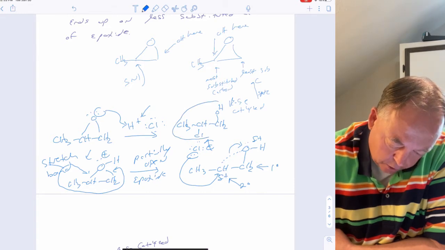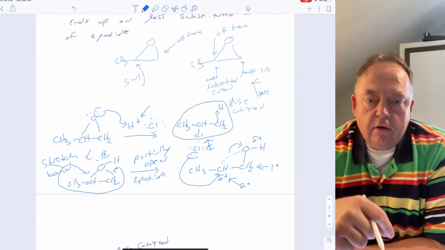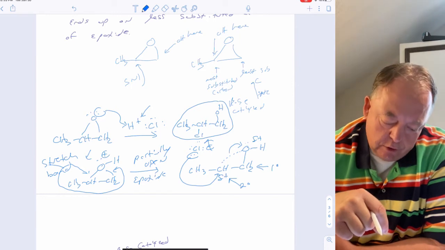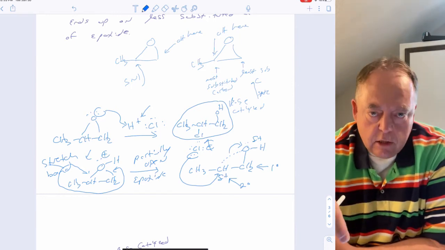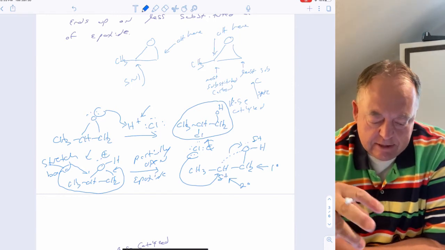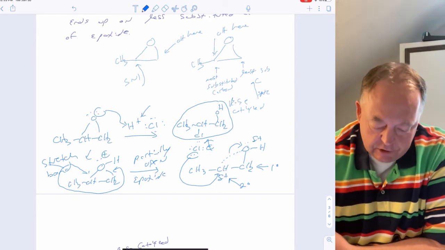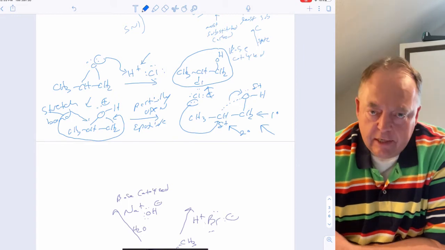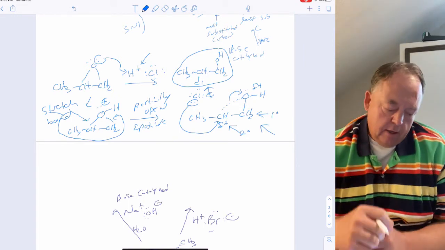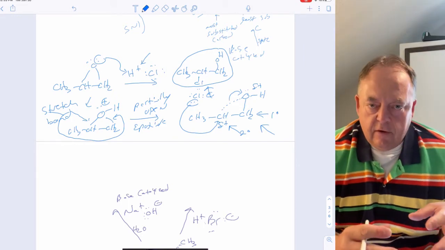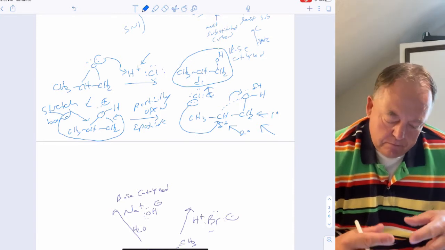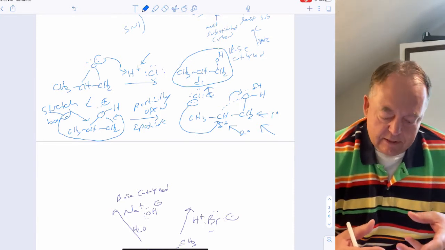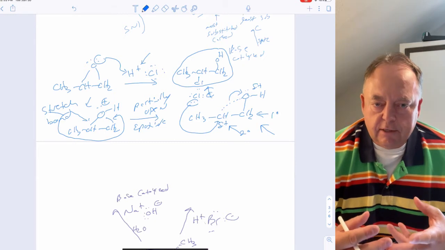That will be your major organic product, where the nucleophile Cl ended up on the more substituted carbon and the OH ended up on the less substituted carbon, which is exactly opposite of the base-catalyzed reactions. And again, it's all because once you protonate the epoxide and it starts to open up, it would rather open up to put positive on the more substituted carbon, so that carbon becomes partially positive, and that's where the nucleophile will be attracted to.